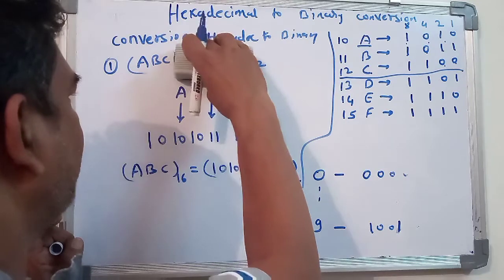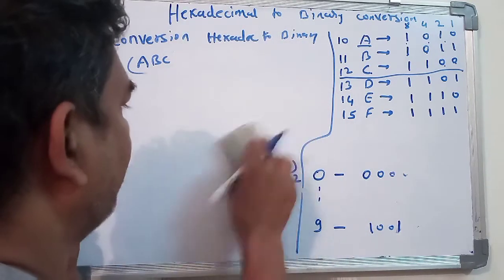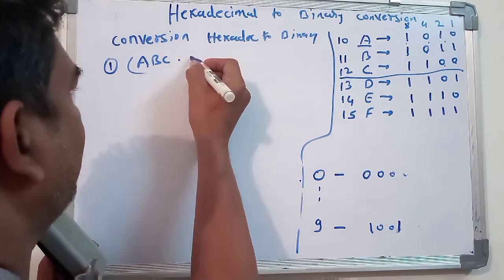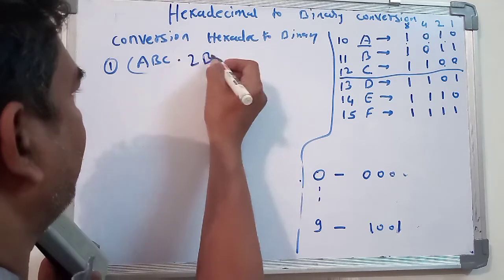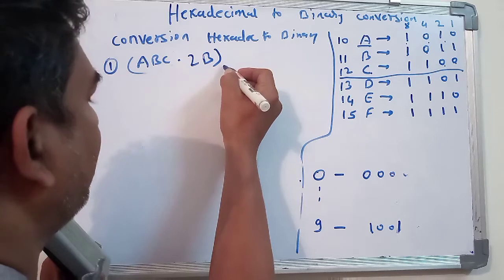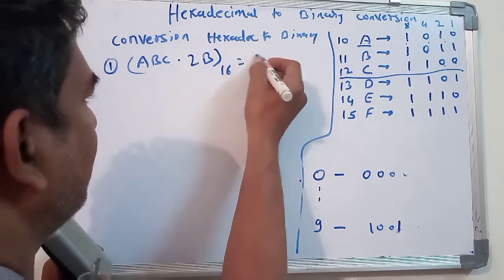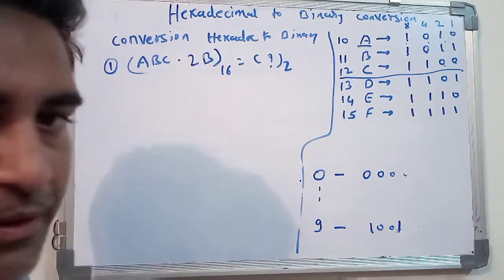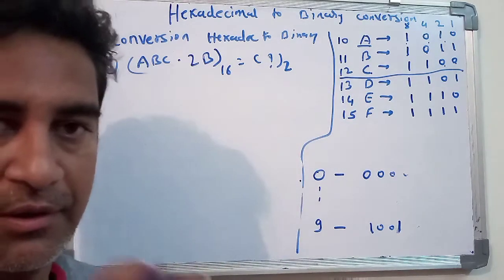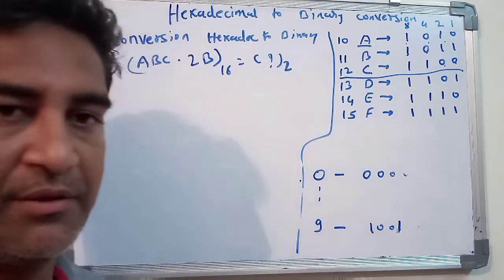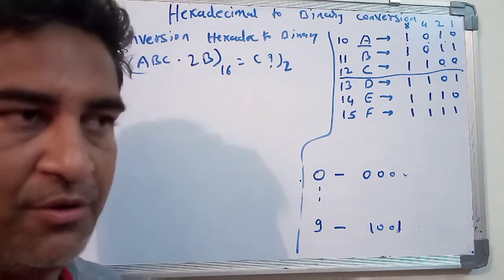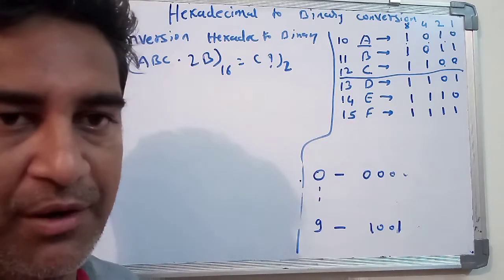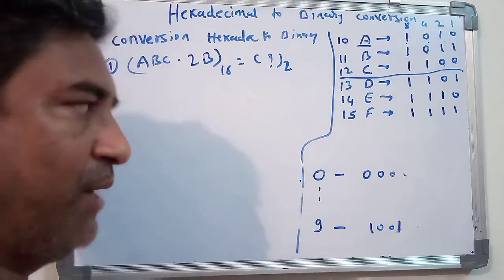If there is a point, like ABC point 2B with base 16 equal to question mark with base 2, then what do you have to do? There is an integer part and a fractional part. For the integer part, follow the same steps we did previously.